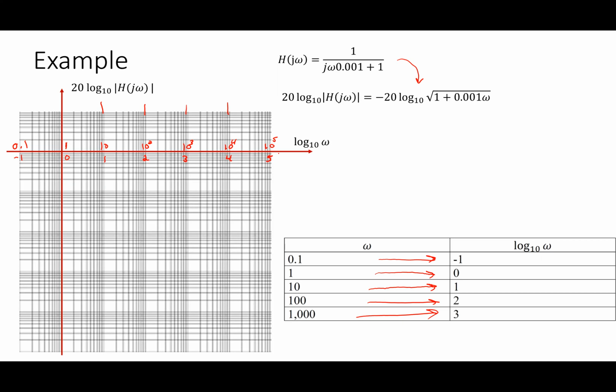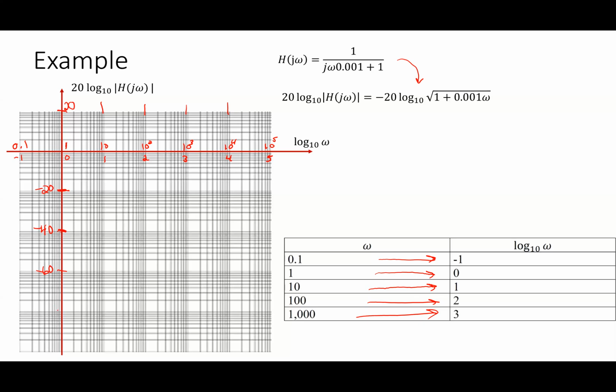So what about the y-axis? What would I do there? Well, I would mark off this one as 20 dB, this one will be 0, this will be -20 here, this will be -40, this will be -60, like that.